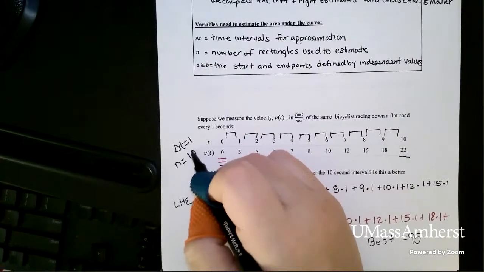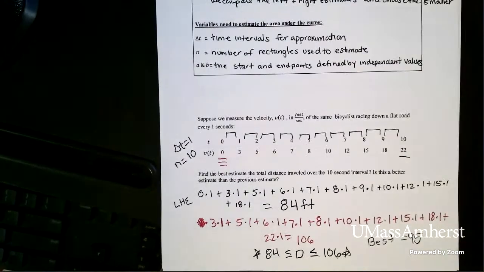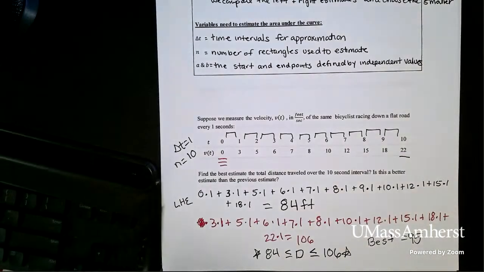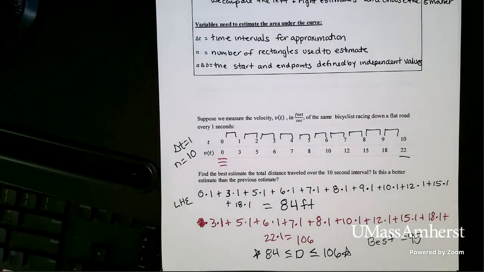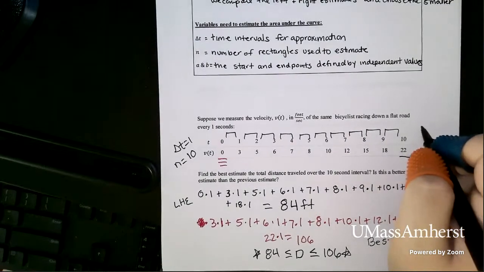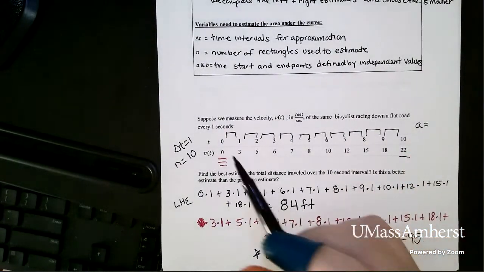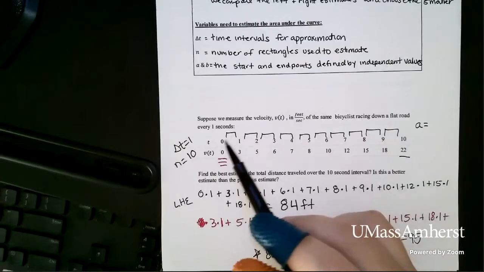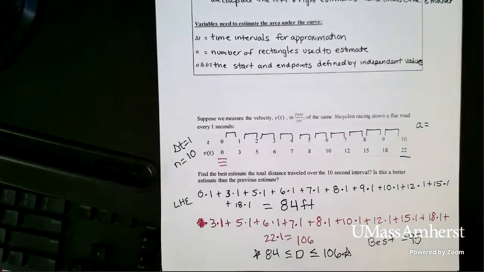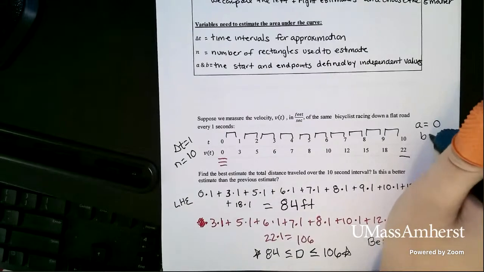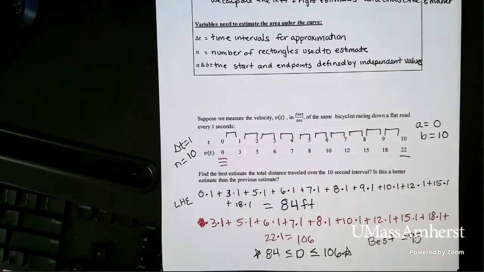So there were 10 intervals that we used, and it's not a coincidence that when delta t changed, n also changed. They are related. So here, my a is my starting point of what I'm looking for in my independent values. So my a is 0, and my b is 10, okay?